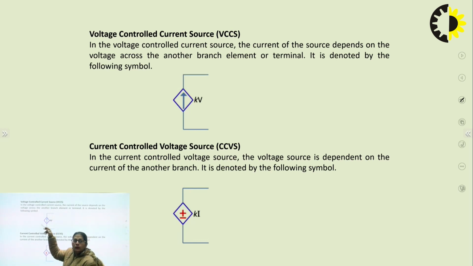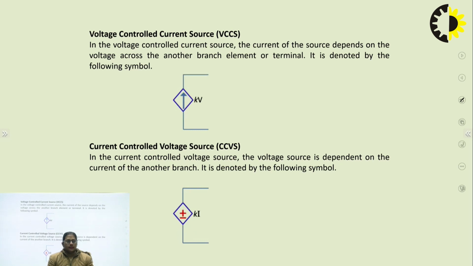It is a current source, but its value depends upon certain other element voltage. So it is a voltage dependent current source, and it will be given by kV.